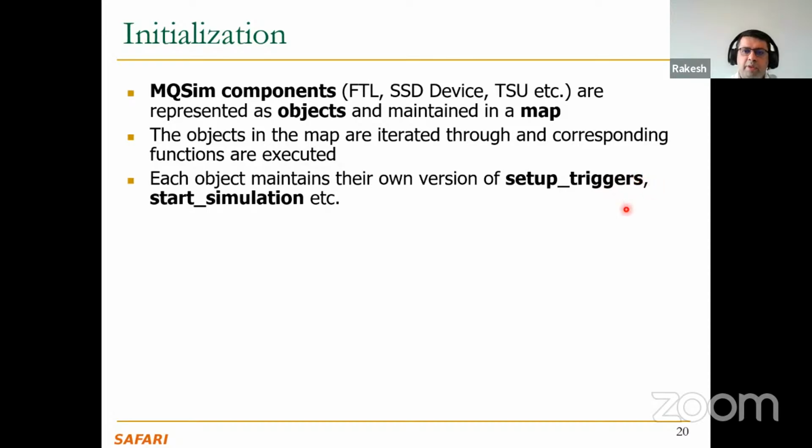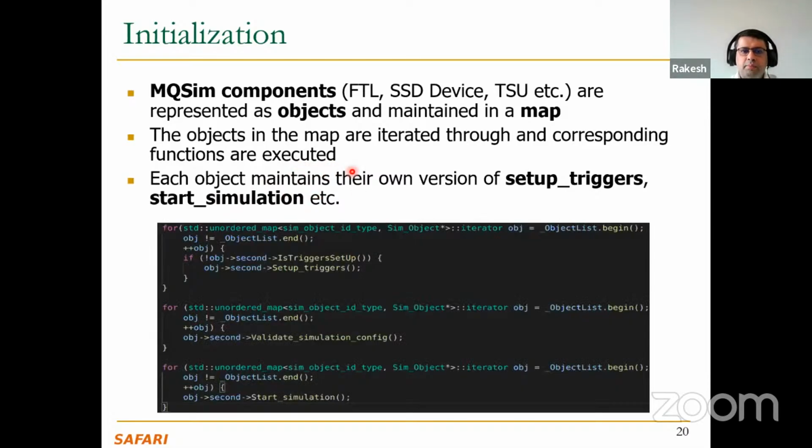For example, setup triggers, or start simulation, which is the function that gets called for every component during the initialization process. This is a snippet of the code from MQSim, which shows how these objects are stored in an unordered map, and they are iterated through, and the corresponding functions are called.